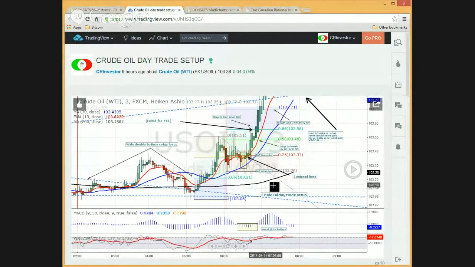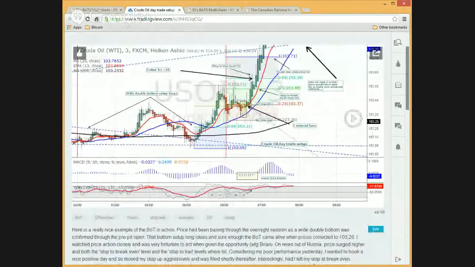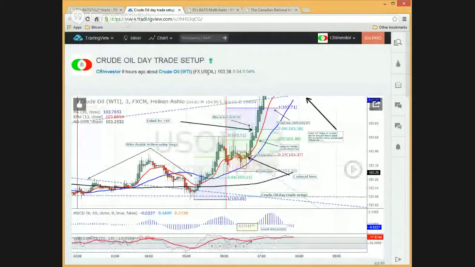So there's a lot of mechanics that go into this. But this is the day trade setup that I did today, and I do little write-ups on these day trade setups. Anybody can learn this model. It's not that difficult. If I can learn it, then anybody else can.